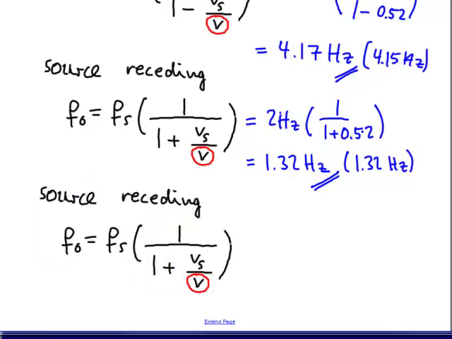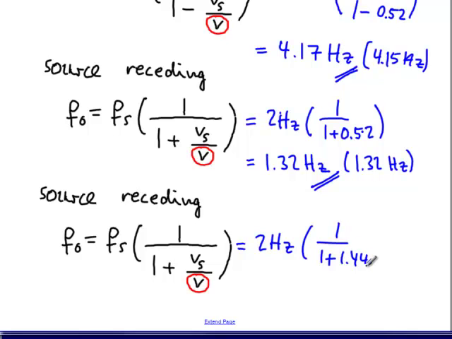that one I had these numbers, 2 hertz times 1 over 1 plus, and that one was 1.44, the ratio.